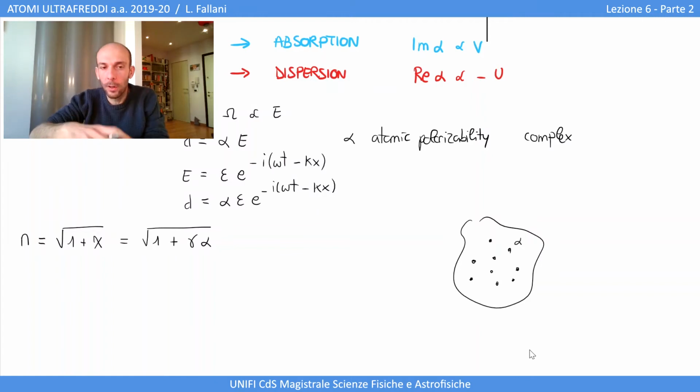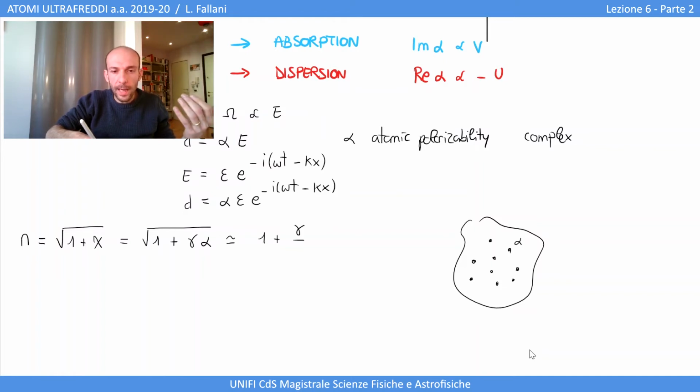This is not important for what I would like to say. And then you can expand this expression and you will get, in the limit of small densities, for example, 1 plus gamma half times alpha. Alpha has some real and some imaginary quantity, and so this means that we will have some real and imaginary quantity of the index of refraction.